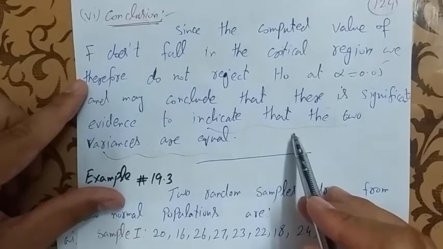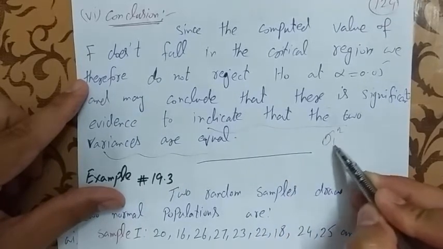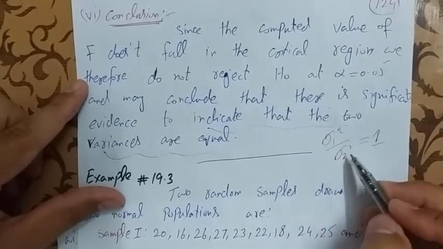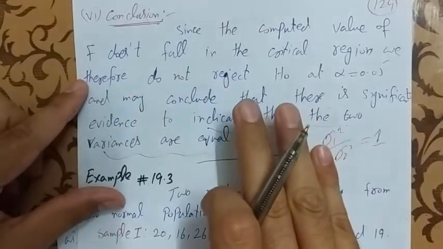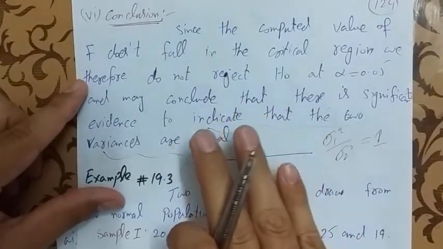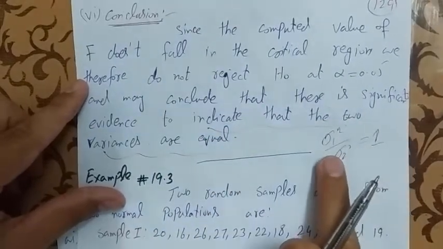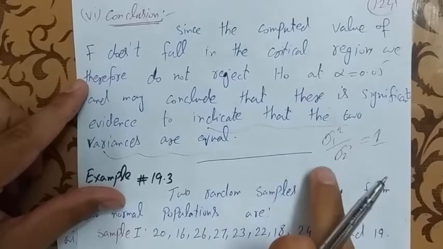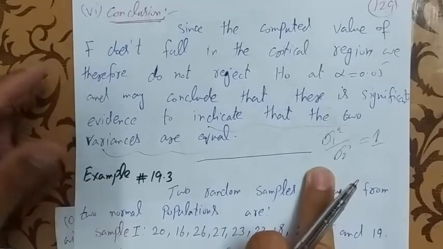That is what we started with, given that the variances are equal. That is, H0: sigma 1 square over sigma 2 square equals 1, meaning sigma 1 square is equal to sigma 2 square. So its computed value does not fall in the critical region, so we accept our null hypothesis and say that sigma 1 square is equal to sigma 2 square, meaning the variances are equal for both populations.